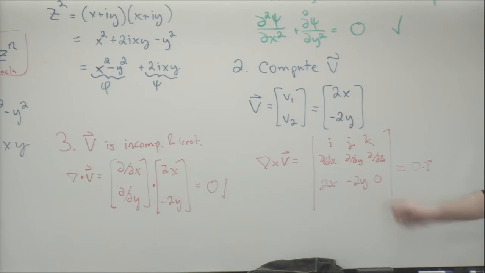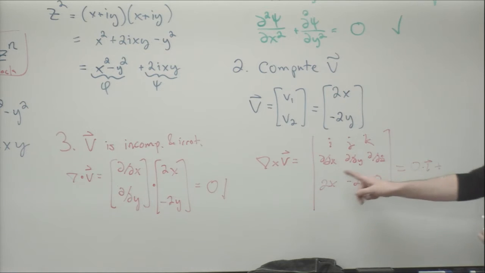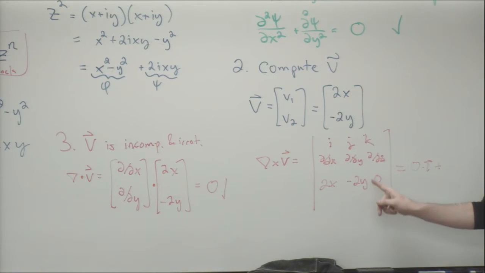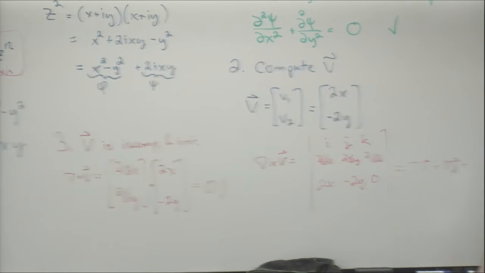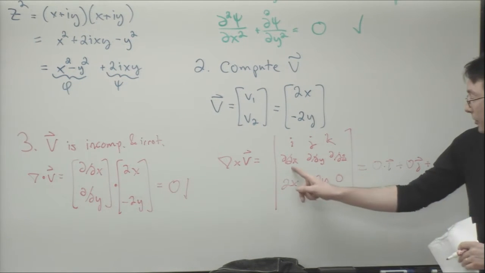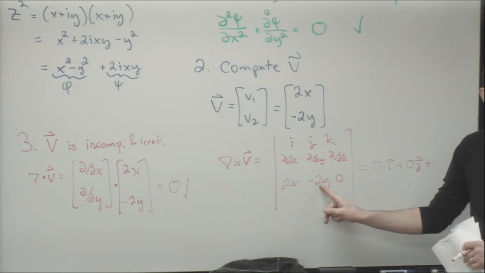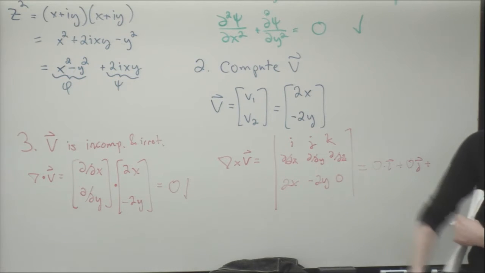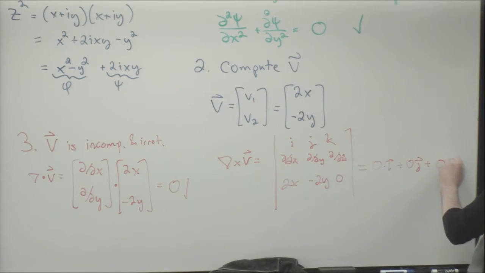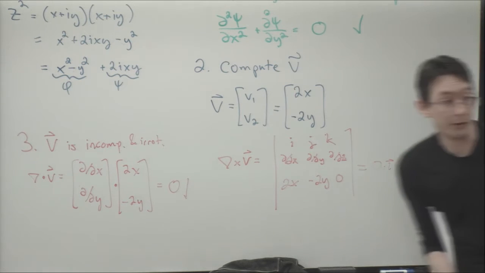So 0i. In the j direction, we have partial of 0 is 0, minus partial of 2x with respect to z, which is also 0. And the k direction is where it gets a little interesting, but it's not actually that interesting because partial of minus 2y with respect to x is 0, and partial of 2x with respect to y is also 0. Good. So we have irrotationality also.